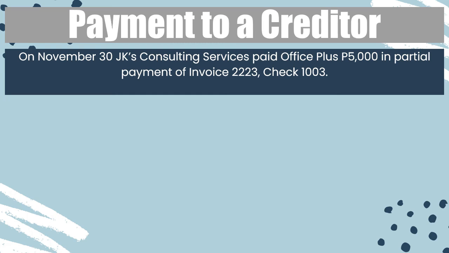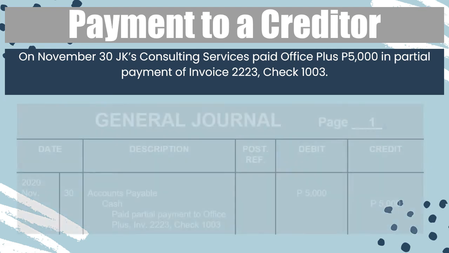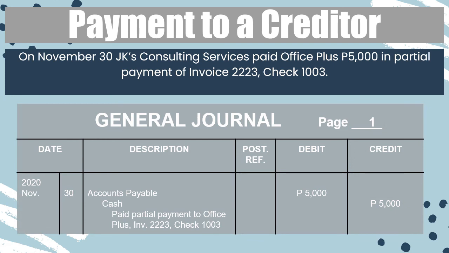This November 30, nagbayad ang JK Consulting Services ng 5,000 partial payment dun sa utang niyang 12,000 na nag-issue ng cheque 1003. So, dito, mababawasan ang accounts payable ng JK Consulting Services ng 5,000 kasi magbabayad siya ng 5,000. Ito ay decrease in liabilities and decrease in cash.